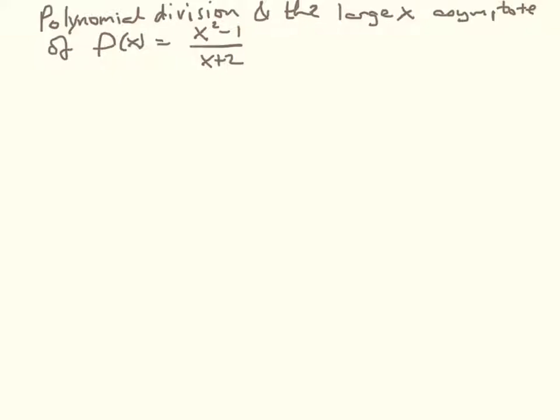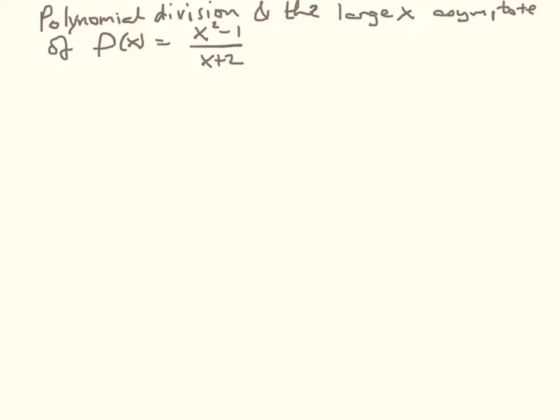So on this slide I want to use polynomial division to obtain the large x asymptote of this function. So this is an improper rational function. The highest power of x in the numerator is higher than the highest power in the denominator, and we can use polynomial division to write this as a polynomial plus a proper rational function.